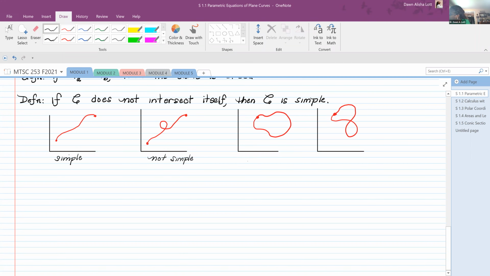This is simple closed, not simple closed. Okay, any questions about that?